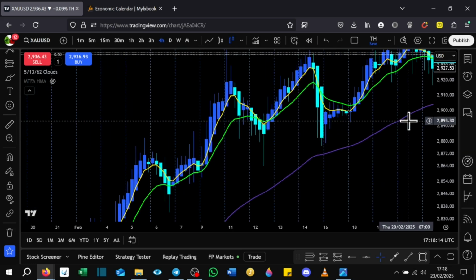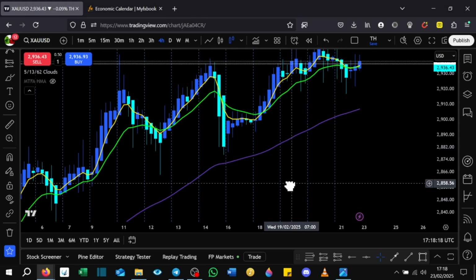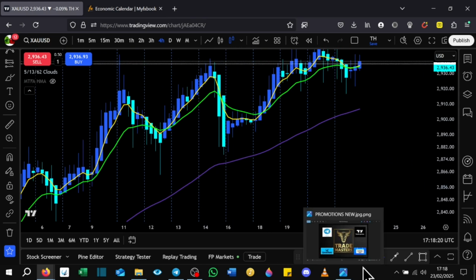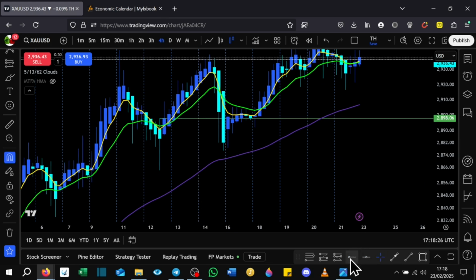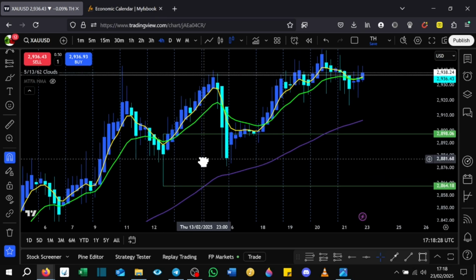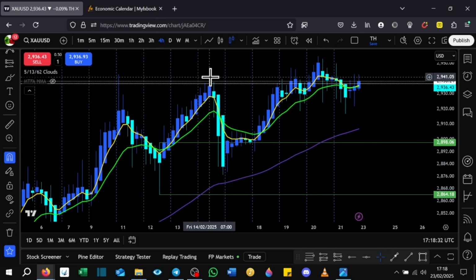and on the Monday, so it's always good to look left, right? Always look left. We have had this institutional candle down here, right? It's this last down candle before this up move.